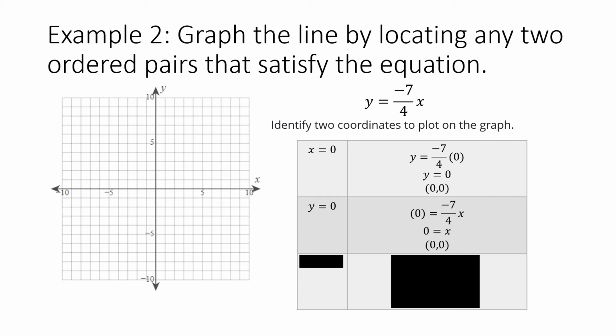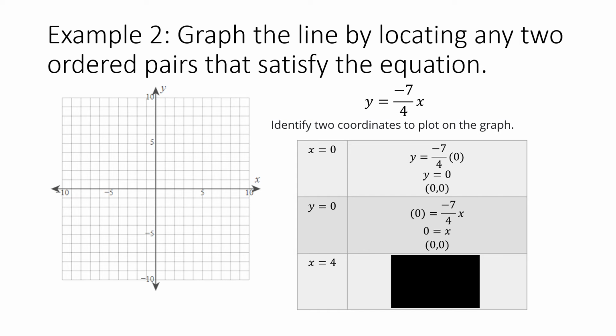So I can't stop here because I only have one point to plot, 0, 0, so I do need to pick another point to get the line. This time, I'm going to pick x equal to 4. The reason I did that is because I knew that I had a 4 in the bottom of the fraction, and I want to get rid of that fraction.